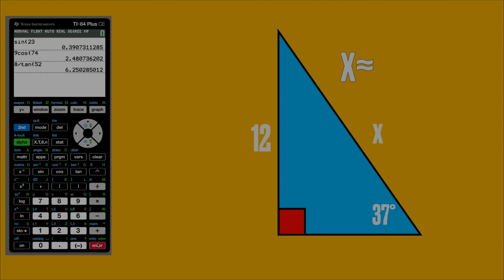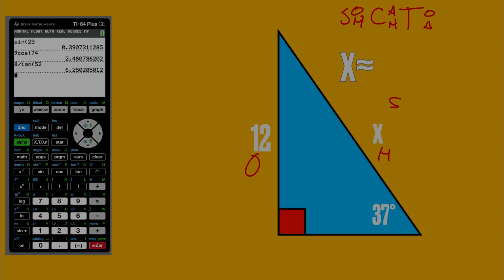Let's try another one. From here, we have opposite and hypotenuse. In this case, that's sine.